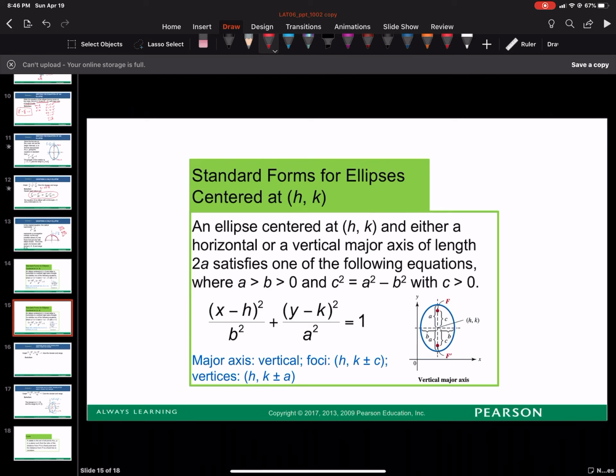Now, the major axis is vertical, and the foci are (h, k plus or minus c). Then the vertices are (h, k plus or minus a). So it's talking about that vertical shift. It either goes up or it goes down.